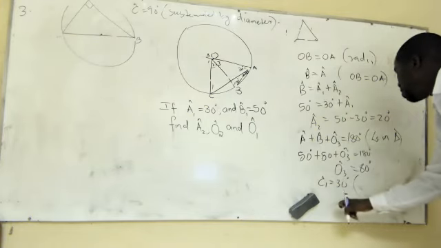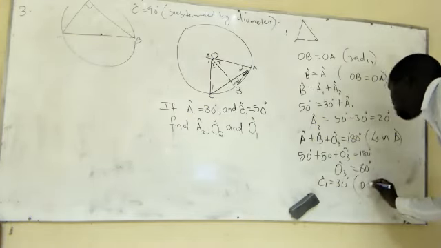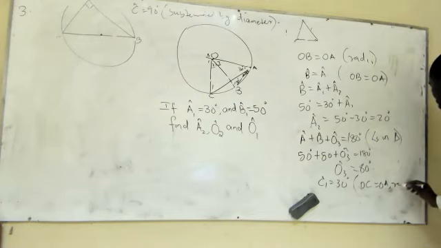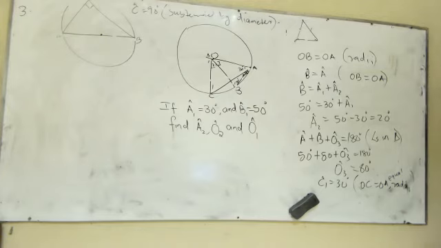Why is C1 equal to 30? Because OC is equal to OA. Or if you want to write it in other language, you can say equal radii.